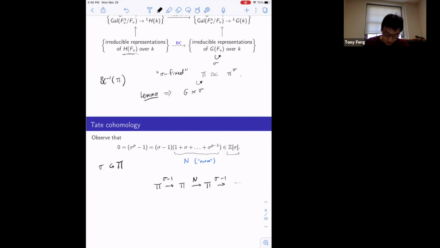Now, this is a two-periodic complex in the positive direction. And so you can make it two-periodic completely, so maybe I'll say this computes group cohomology. And if I make the full two-periodic complex, it computes Tate cohomology.